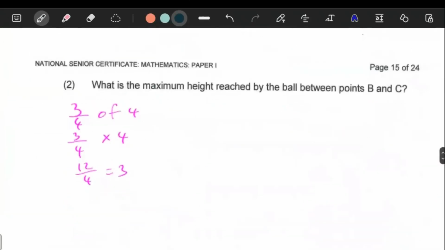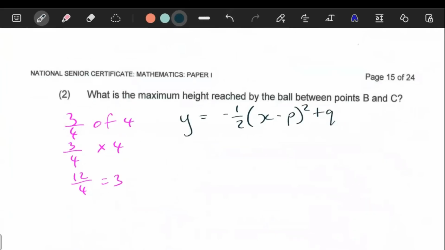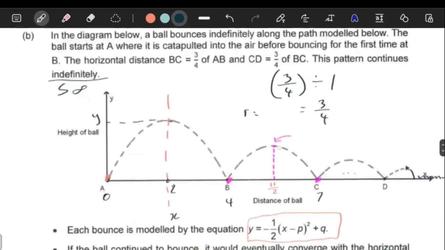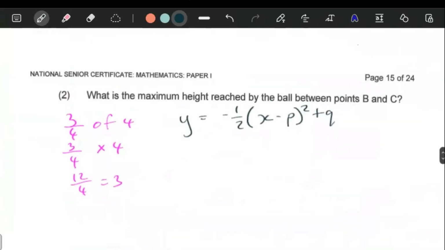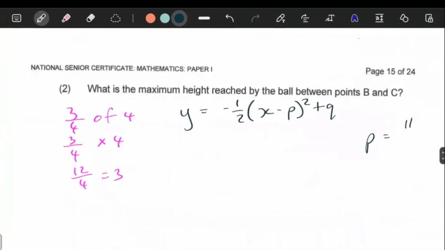So for each bounce, for each parabola, this is the equation. However, all things considered, we are seeing that our x value of our height is at 11 over 2. So our value of p is equal to 11 over 2.